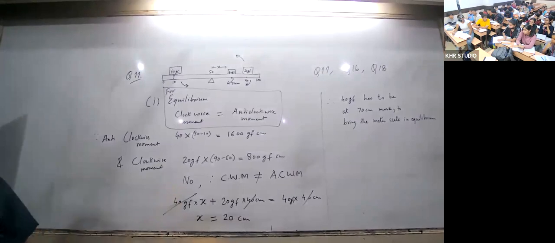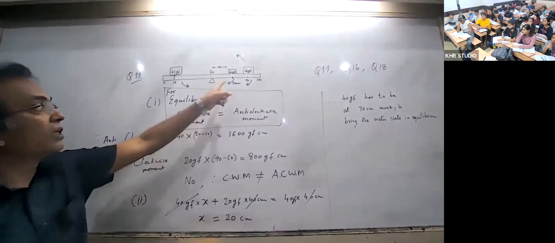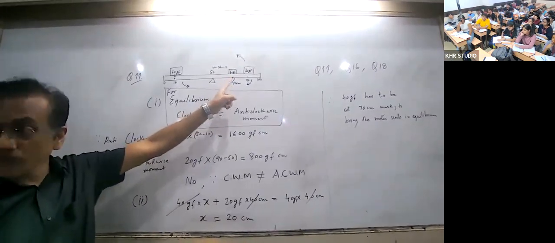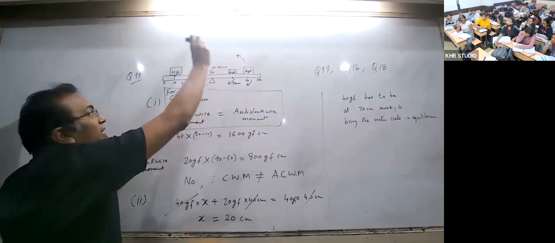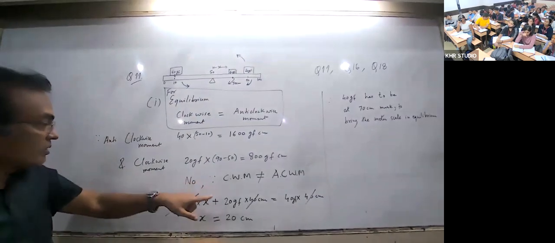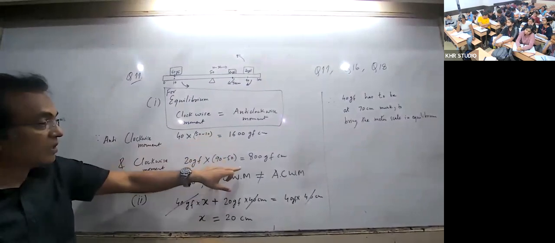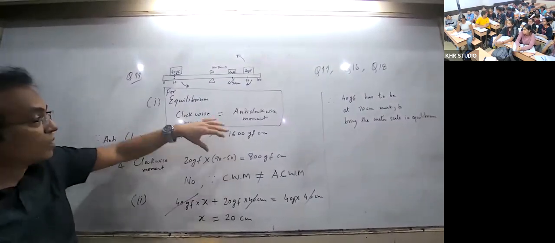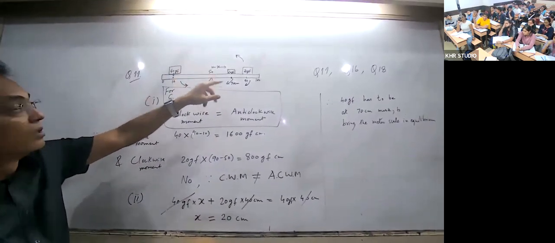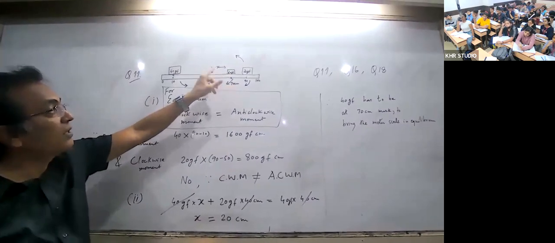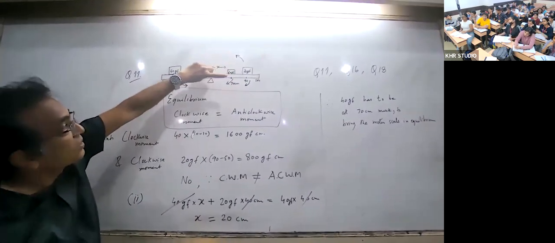The second part of the question is where this additional 40 gram force has to be kept so that the scale, which was tilting because there was a net anti-clockwise moment, is brought back. Anti-clockwise moment was greater: this is 1600, whereas this was 800 only.